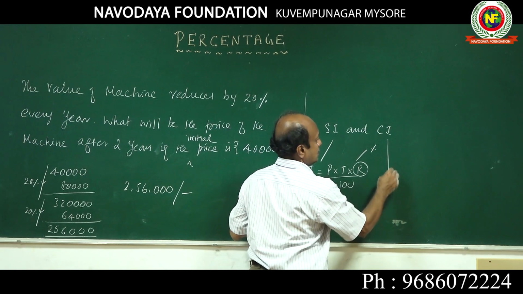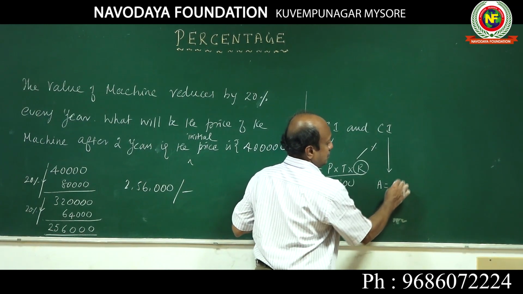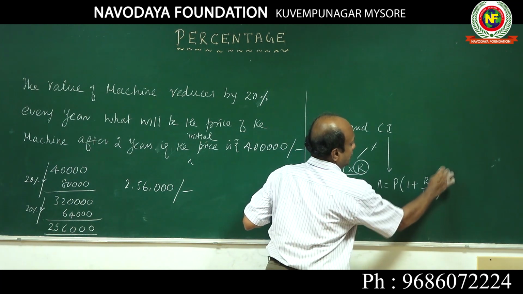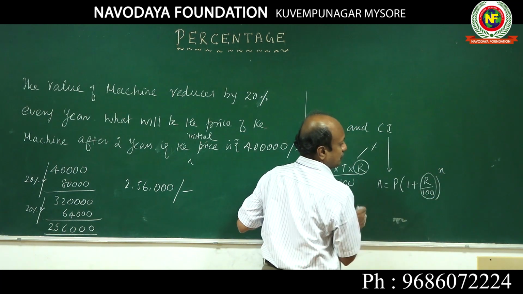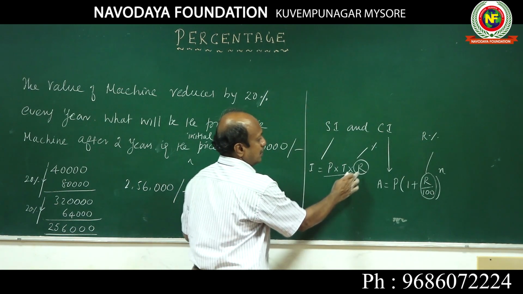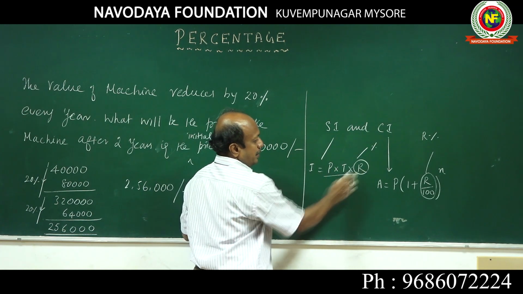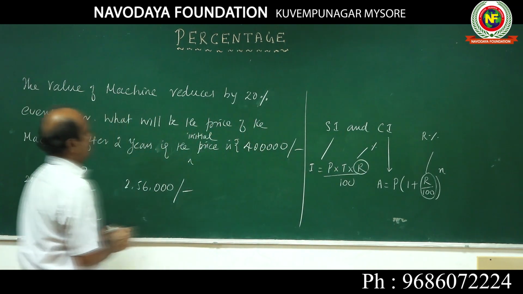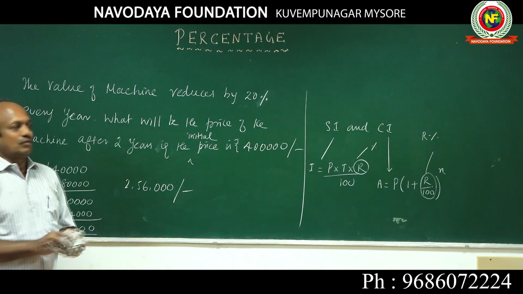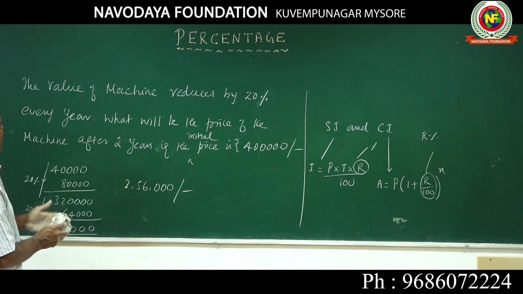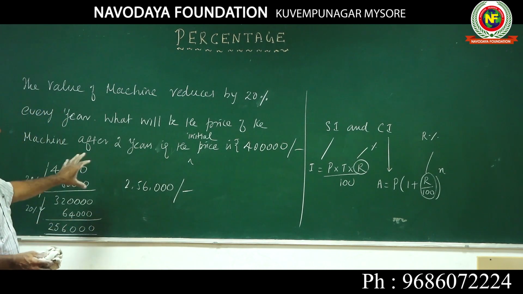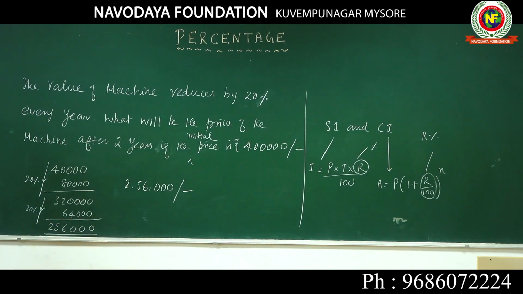In compound interest also you are going to use the formula A is equal to P times 1 plus R by 100 to the power of N. Here also R is the rate percentage, along with principal and time. In so many places, directly or indirectly, you are using the concept of percentage. So be good at basic ideas, then slowly solve the problems, and you will be able to overcome. Let us see in the next class.